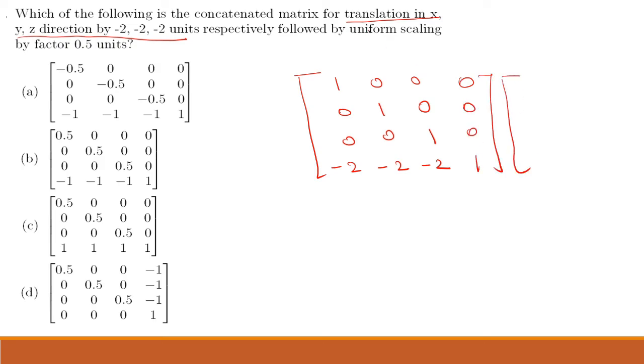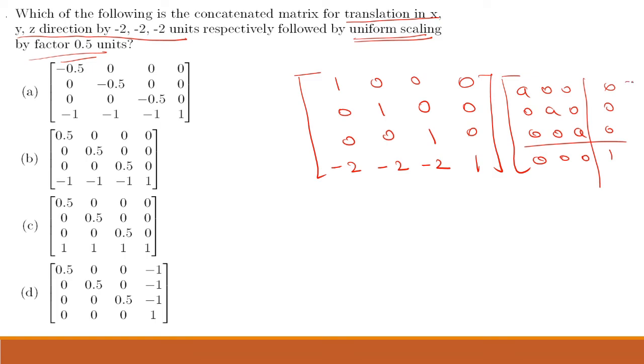Now we have the uniform scaling matrix for uniform scaling by 0.5 units. So what is the matrix for uniform scaling? We know the general formula, that is A 0 0 0, 0 A 0 0, 0 0 A 0 and 0 0 0 1. Okay, now this is a uniform scaling by factor A. Now we have the value of A, that is 0.5. So here you can write 0.5. Okay, and after this we have to just do the multiplication.